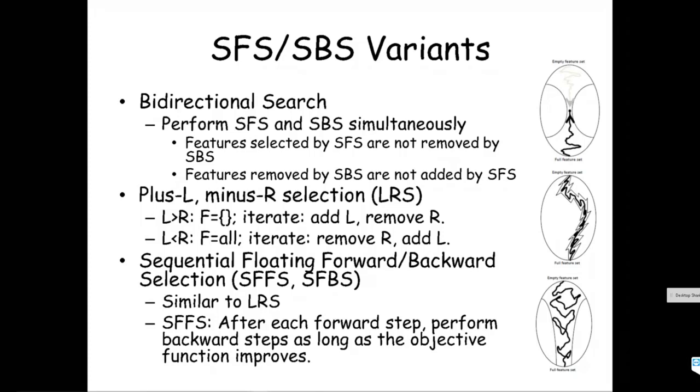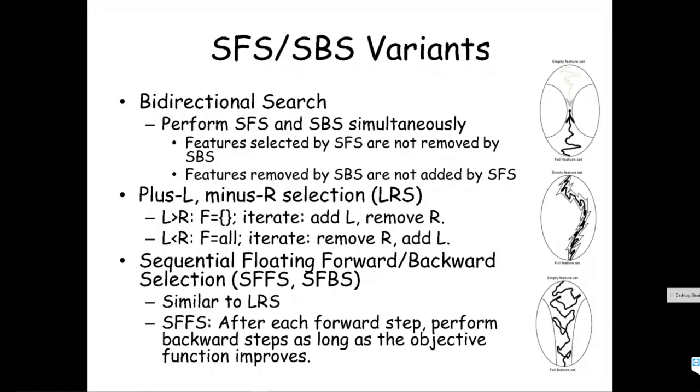A more advanced version of this is sequential floating forward backward selection, where the L and R are done dynamically, in a way that rather than committing and saying I'm going to remove 5, you will only remove up to the point where the accuracy does not decrease. So you don't preset L and R. You let them be decided dynamically as you walk up and down. Okay.